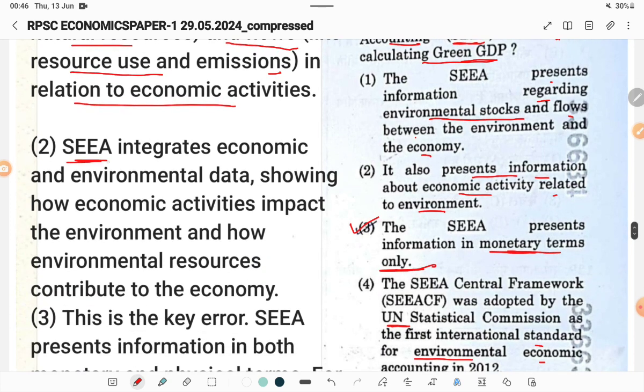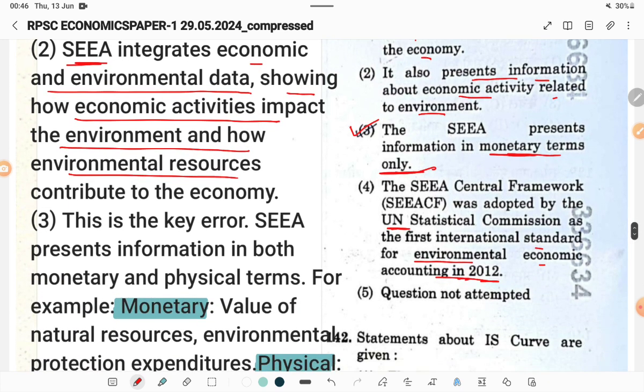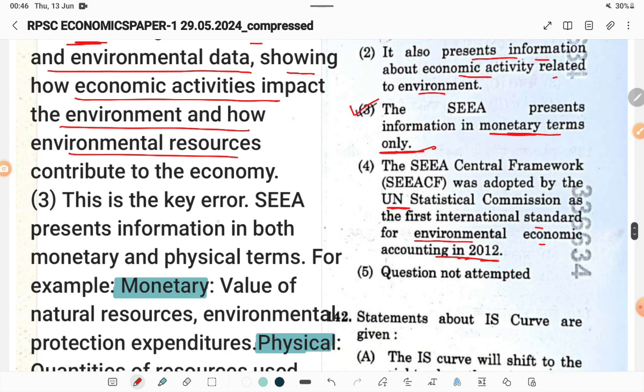And SEEA integrates economic and environmental data, showing how economic activities impact the environment and how environmental resources contribute to the economy. And the third statement, which is not correct here, is the key error.